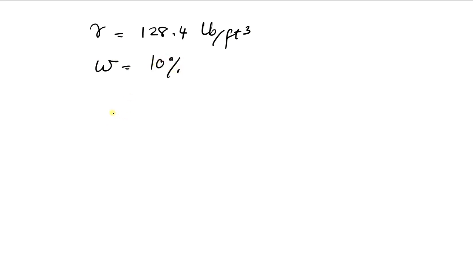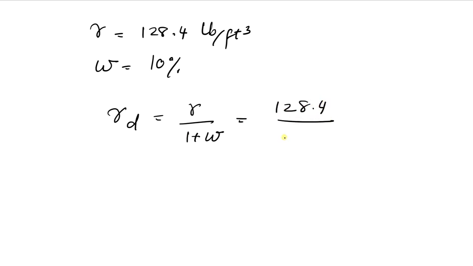So from there we can get gamma D. Remember, we derived this formula in our previous lectures. Gamma D is gamma over 1 plus w. So gamma D is 128.4 over 1 plus, and remember we never put it as a percentage, so it is going to be 0.1, 1 plus 0.1. So this is going to be 116.73 pound per cubic foot.